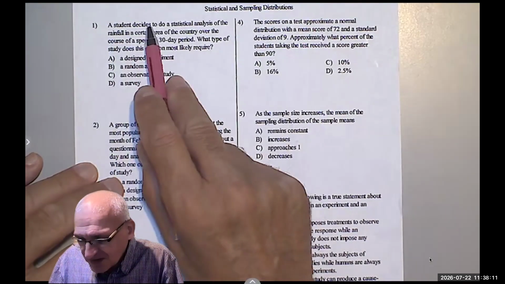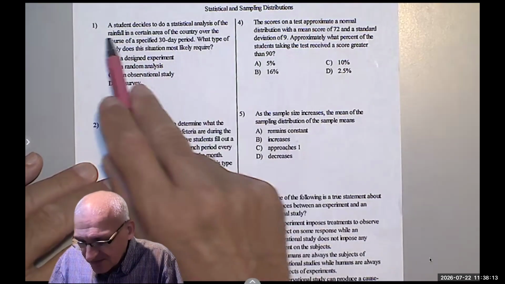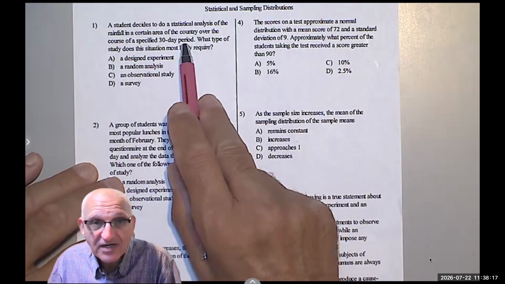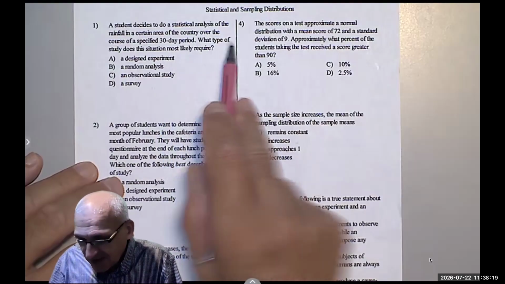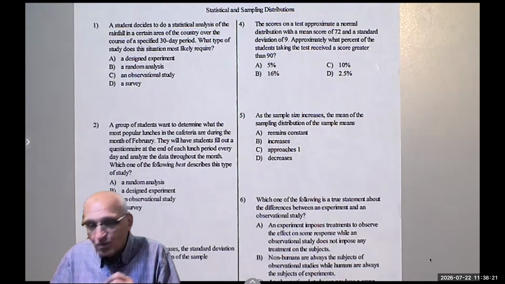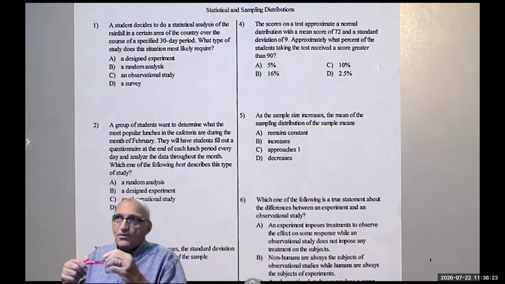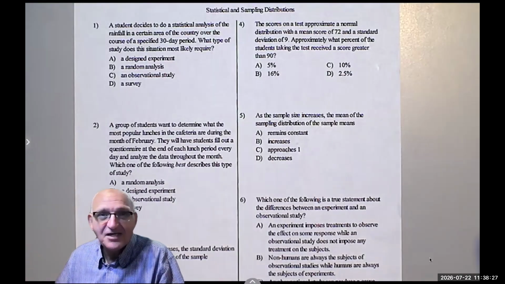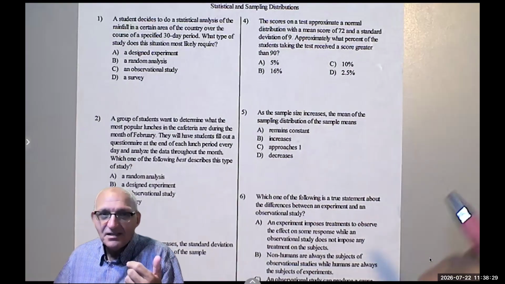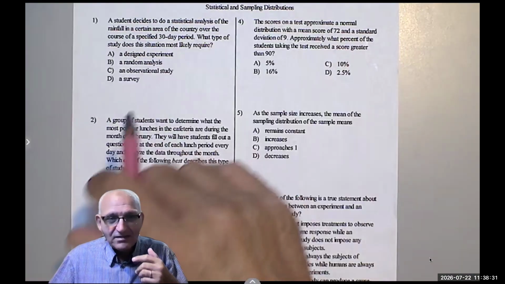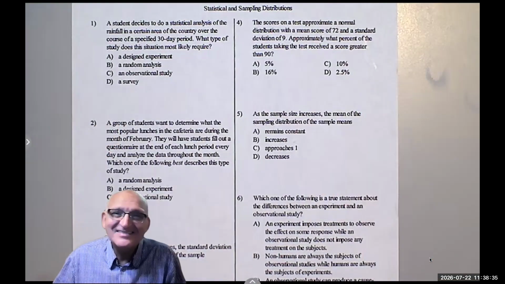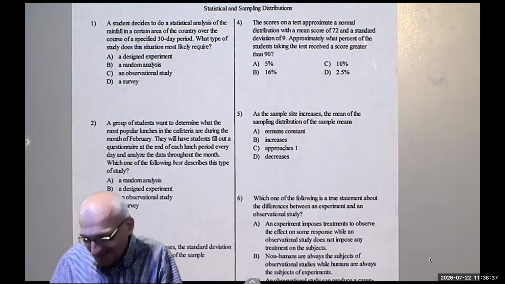Okay, so this one, I think the first few are, well, let's go over. A student decides to do a statistical analysis of the rainfall in a certain area of the country over the course of a specified 30-day period. What type of study does this situation most likely require? Well, since you don't have control on rainfall, you cannot say, oh yeah, you can check the weather, but don't rely on that. Let me be nice.